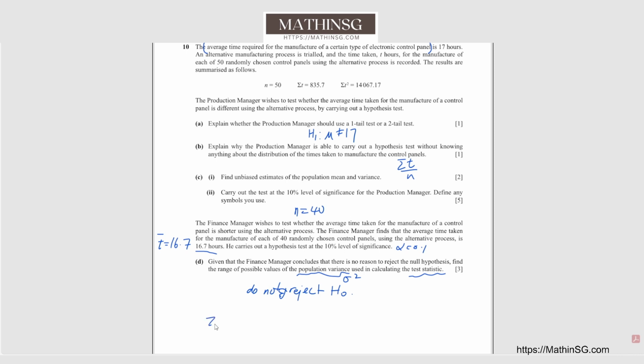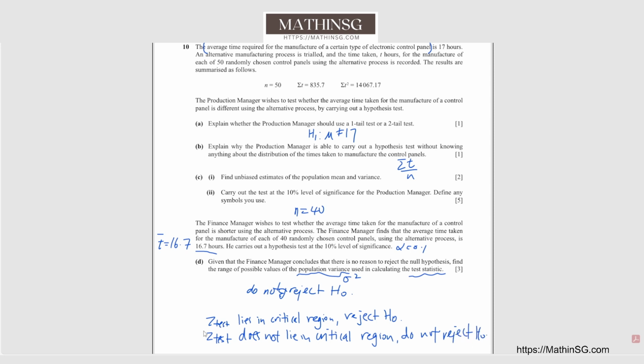If the test statistic lies in the critical region, we will reject H0, right? If the test statistic does not lie in the critical region, we do not reject H0.